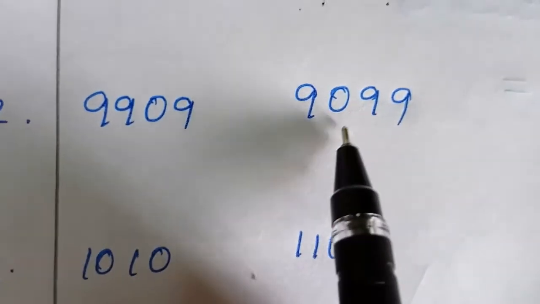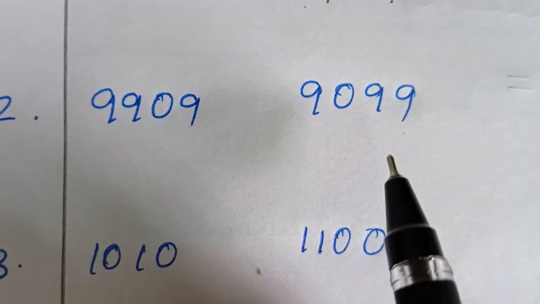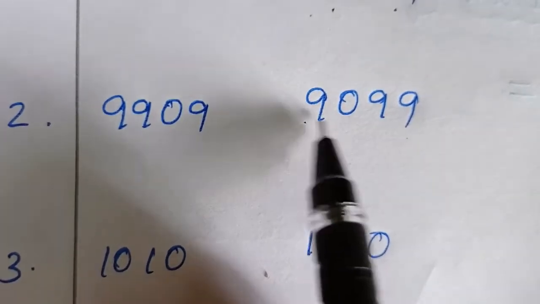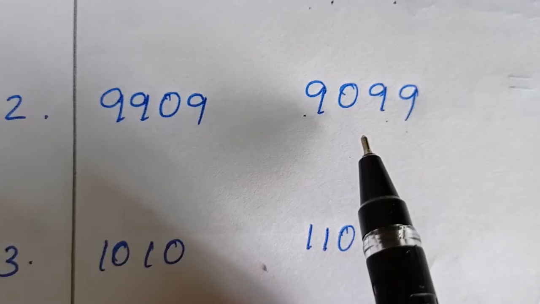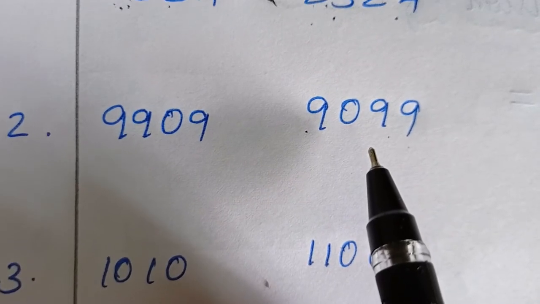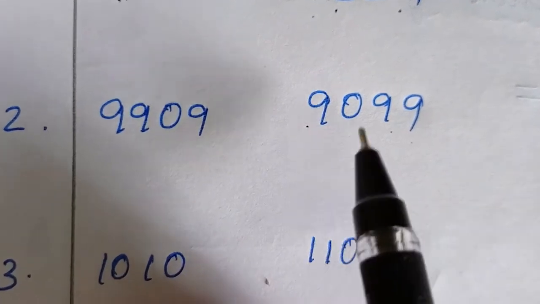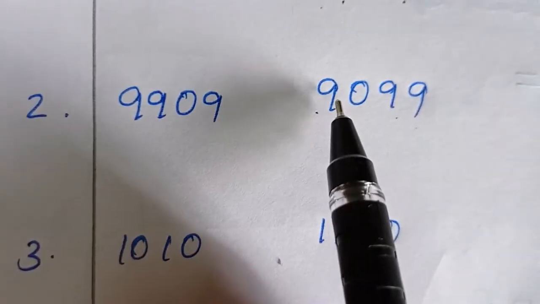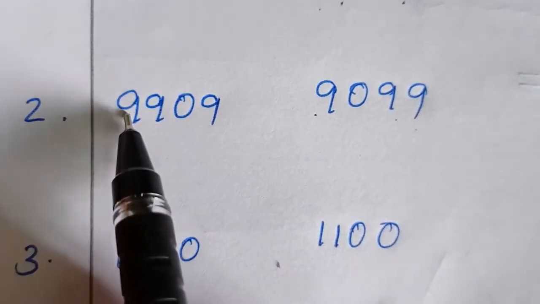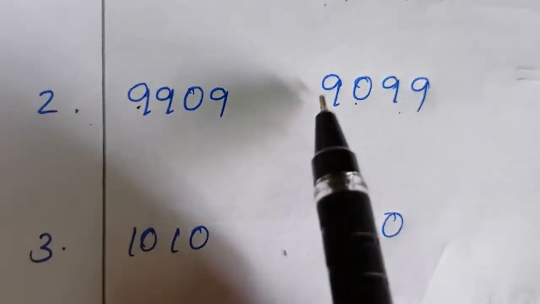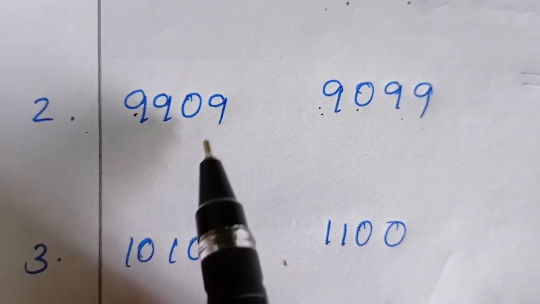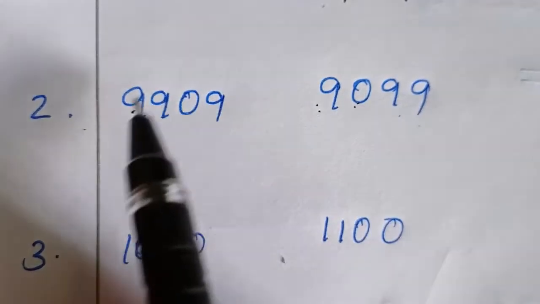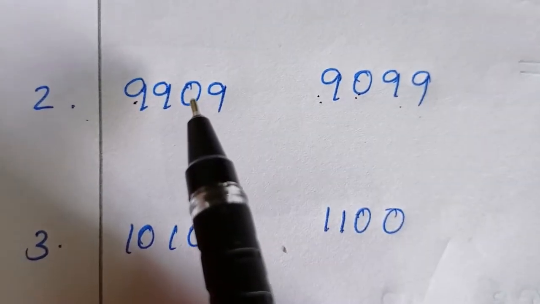Now let's do the next one: 9909 and 9099. Okay children, here both numbers have the same number of digits, so you check the highest place value. The highest place value is thousands. Here the thousands place value for both numbers is same. So next check the hundreds place values for both numbers.